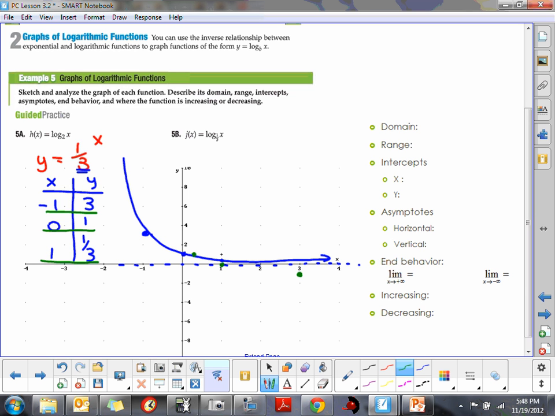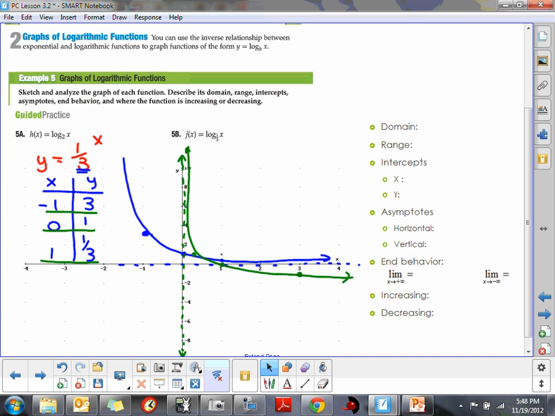Okay, and now we should have a vertical asymptote that comes along the y-axis, because that's going to get flipped as well. So it's going to come from here and then go up towards your vertical asymptote. So that is the graph of your log base 1/3 of x.